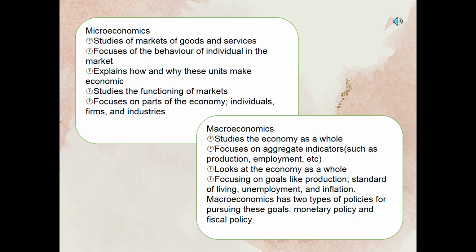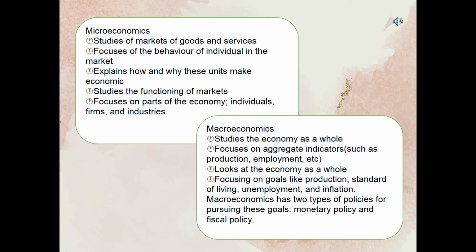So we have these two fields of economics, microeconomics and macroeconomics. Each of these has perspectives on the economy. Microeconomics focuses on the behavior of individual economic units and the functioning of markets.